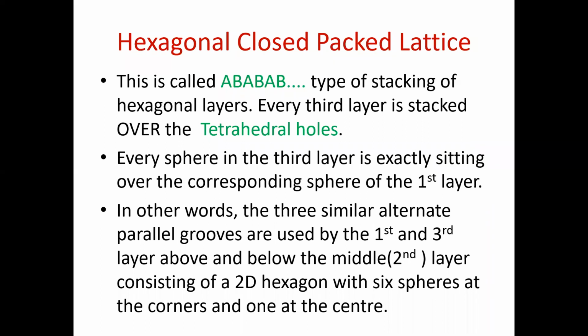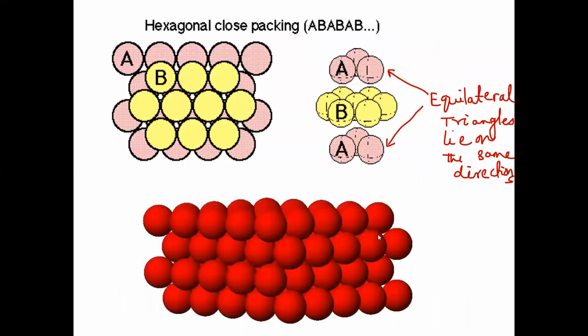So today we will be doing HCP, to close our discussion on metallic crystals. The details we have not yet done. Deliberately I have avoided it because, I'm sorry. But I have introduced that AB type of stacking of hexagonal layers, that means over the tetrahedral holes, that will generate the unit cell.